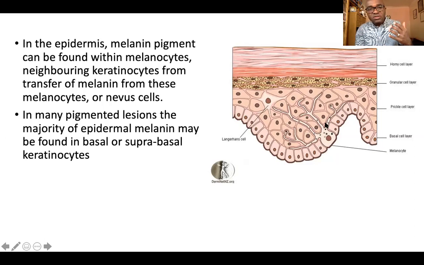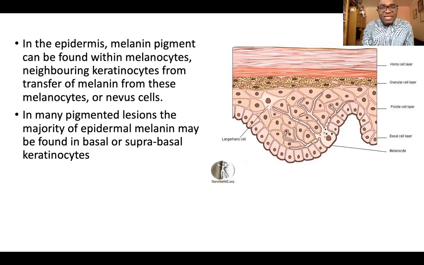Therefore, you can still appreciate lesions in Black and ethnic minority skin, or skin type 4, 5, 6, but you tend to have a darker background in general, because of the number of melanosomes.